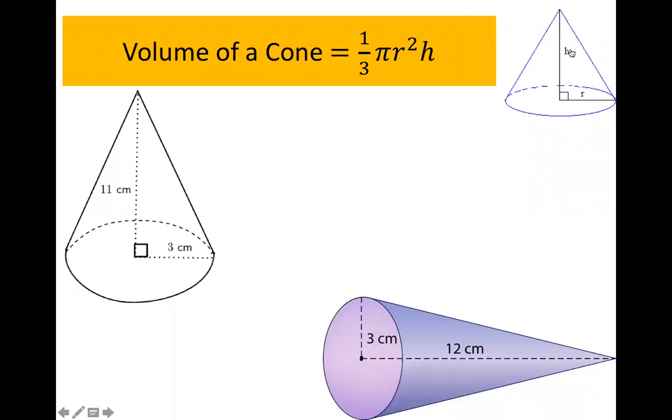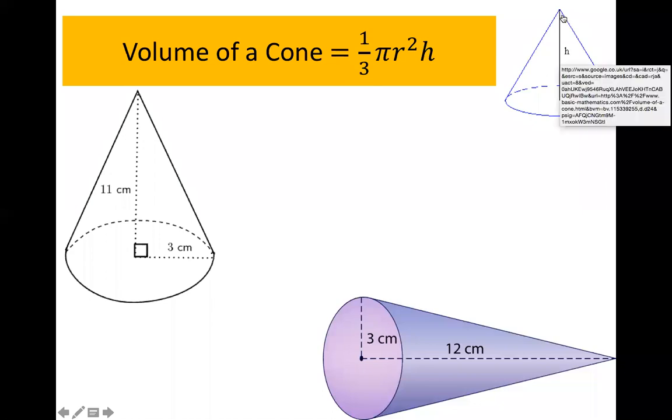And you have to remember that h here for a cone is the perpendicular height from the tip to the center of the circle, not the diameter. So you have to be careful.